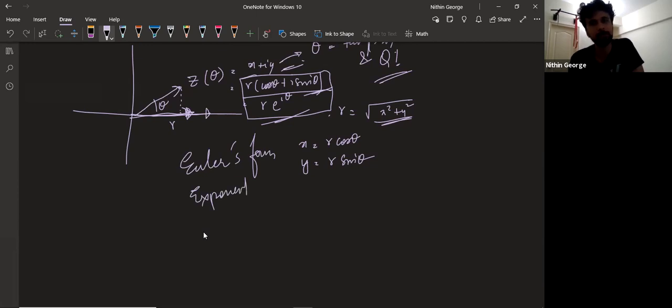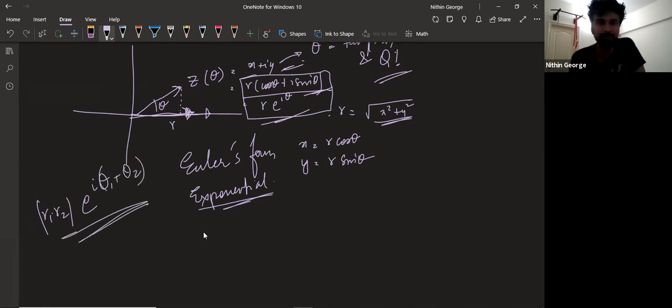It's the same thing. So when I multiply two complex numbers, what happens? Their magnitudes multiply with each other and the angles simply add up. Can you see this easily here in Euler form? When I multiply two complex numbers, r1 e power i theta 1 and r2 e power i theta 2, what happens?